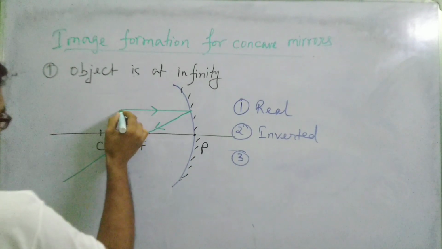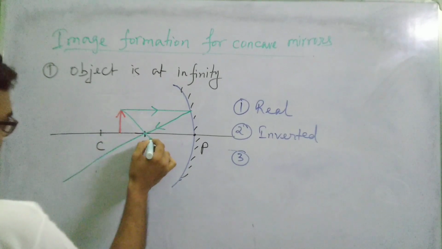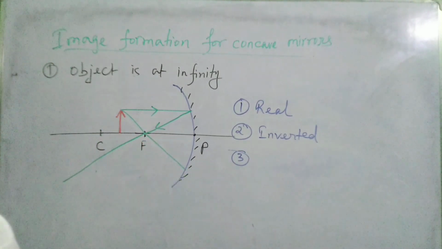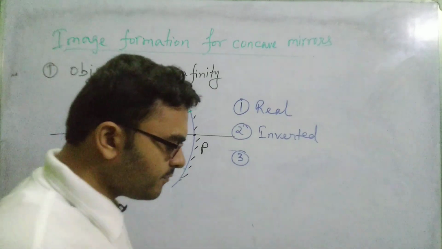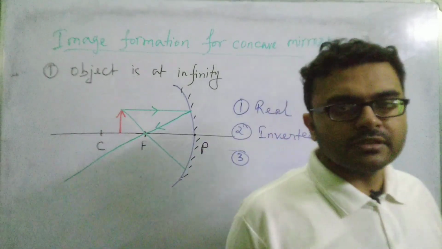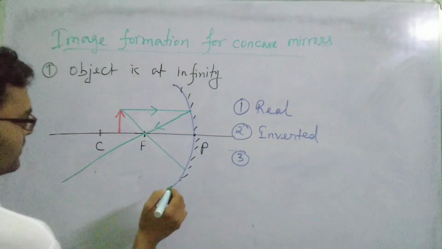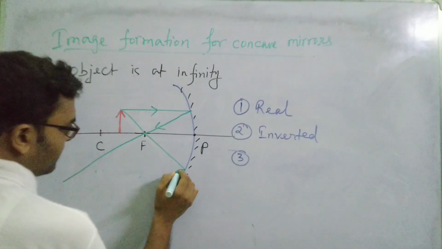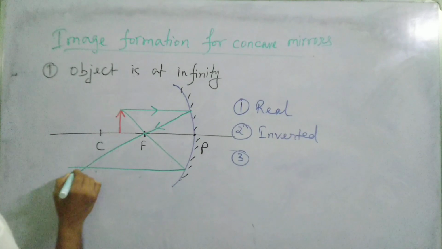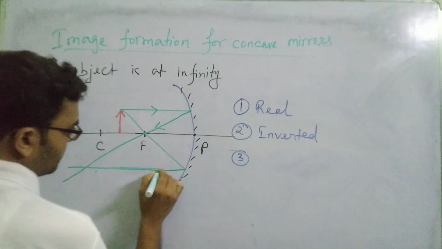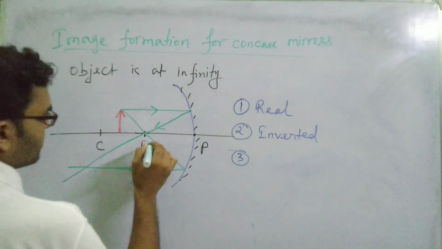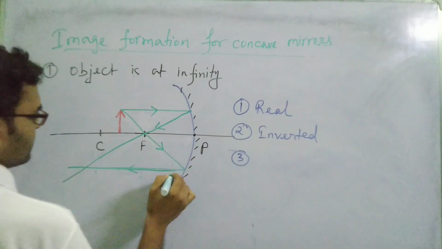So you consider another ray which is passing through the focus like this, and what will happen to this ray after reflection? Obviously this ray after reflection will be reflected parallel to the principal axis. So if I just draw a straight line parallel to the principal axis, like this will be the reflected ray. Okay, so this is the incident ray and this is the reflected ray.